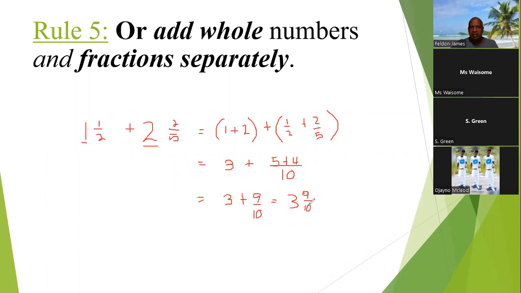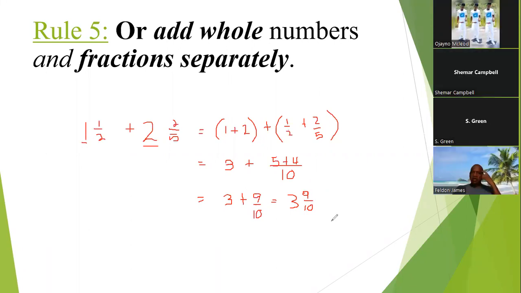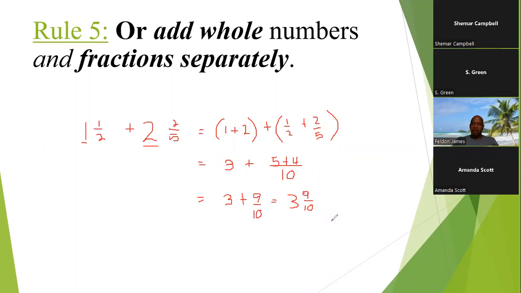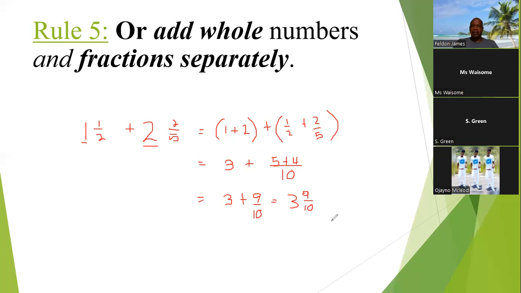All right, is that clear to you guys? Raise your hand if you understand what I'm doing. All right, good. So this is an alternative way. If you don't want to convert your fractions to improper fractions, but instead want to work with the whole numbers and the fractions separately, this is how you would go about doing that.